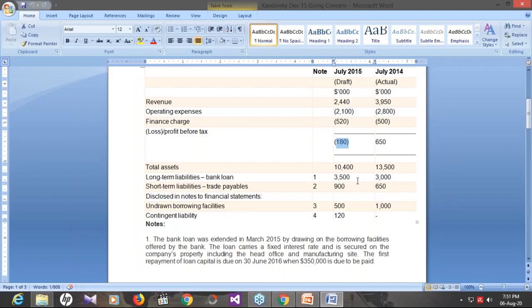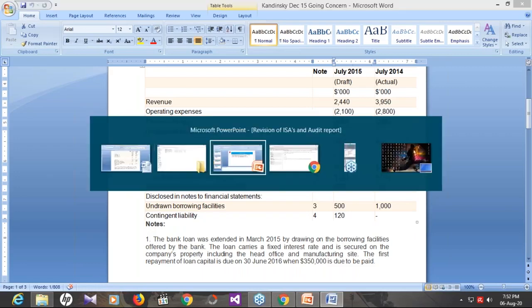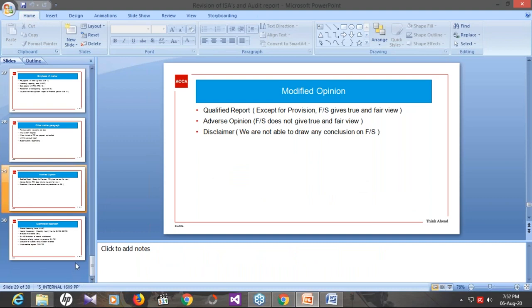If I calculate that, it's a 16% increase for this year. So how are we going to tackle this question? Let's see.